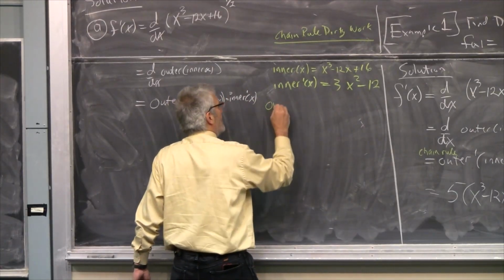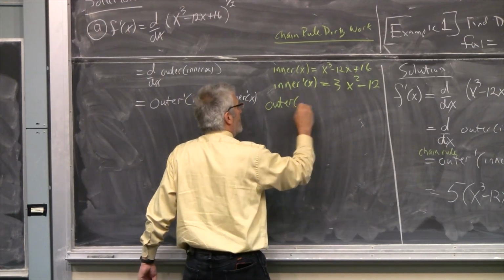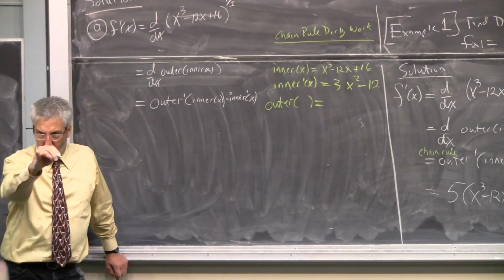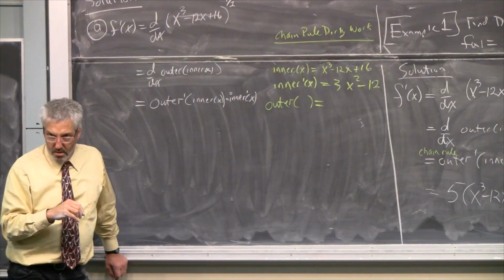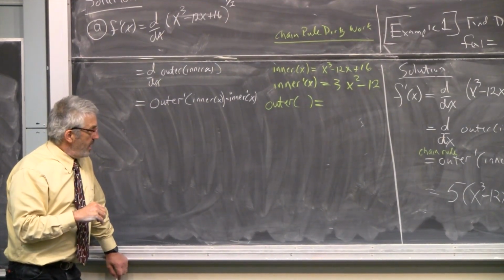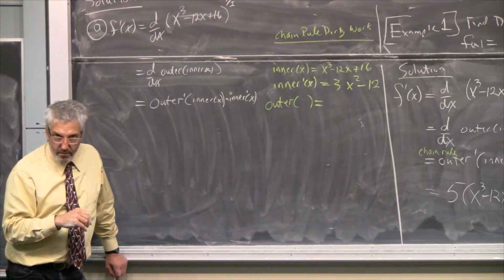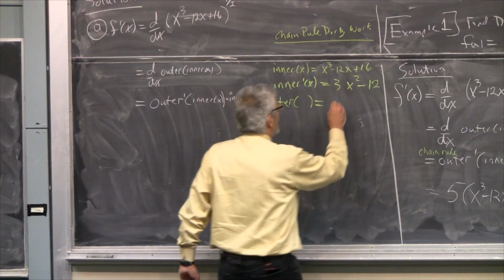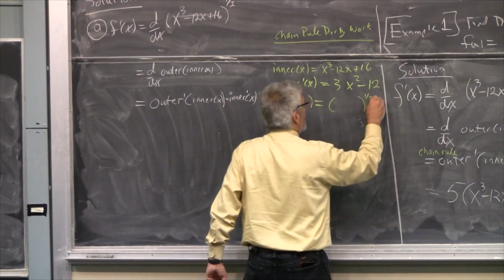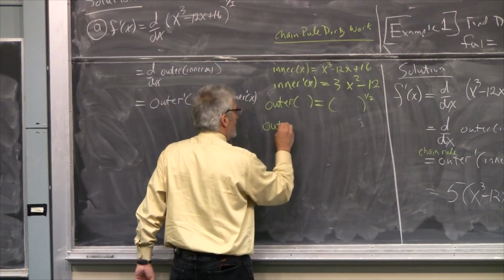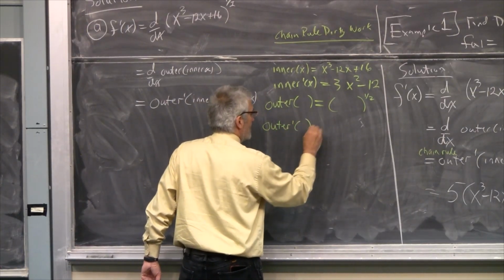Now, what's my outer function though? Square root of x, or square root. Yeah, but remember I wrote it as a power. So parentheses to the 1/2. Yeah, parentheses to the 1/2. Now, what's my outer prime?